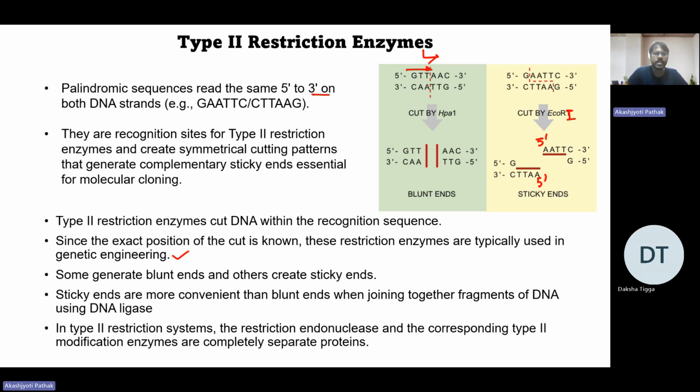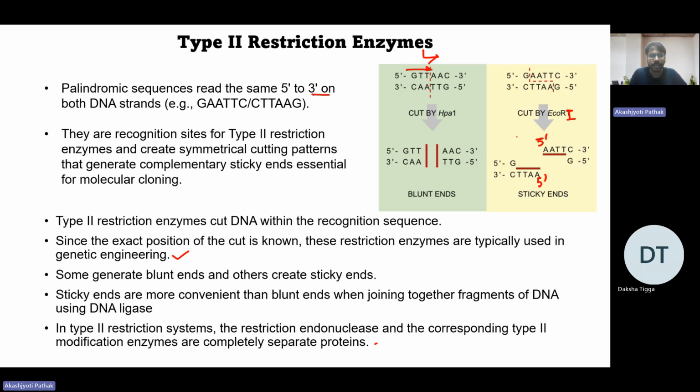Now in type 2 restriction systems, one more point to remember is that the modification enzyme and the restriction endonuclease are completely separate proteins. As I was mentioning, there is a different enzyme, which is DNA Dam methylase, or DNA methyltransferase, which adds the methyl group to the adenine nucleotide.